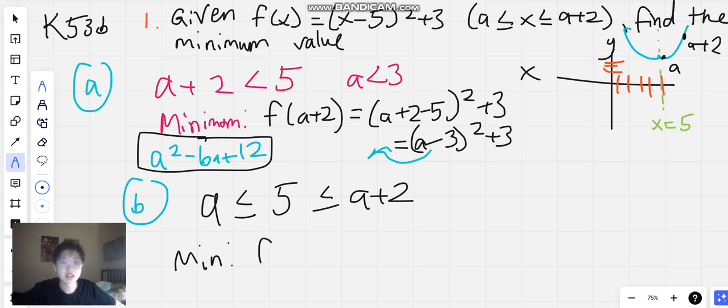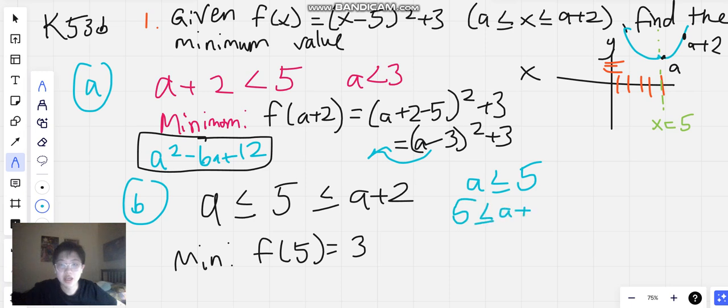So the vertex is f of 5, which is at y equals 3. And then you could separate this into two different inequalities, like that. And then this one you can solve to be 3 is less than or equal to a. So that's the second case, sorry.